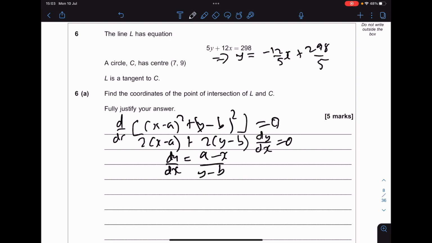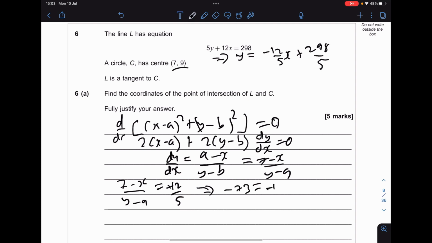which will be the gradient of the tangent, and it's got that coordinate there that we're told, so it's going to be 7 minus x over y minus 9, because we're told that it goes through 7, 9. So we've got 7 minus x over y minus 9 equals minus 12 over 5 from the first bit, which is going to be minus 73 is going to be minus 12y plus 5x.